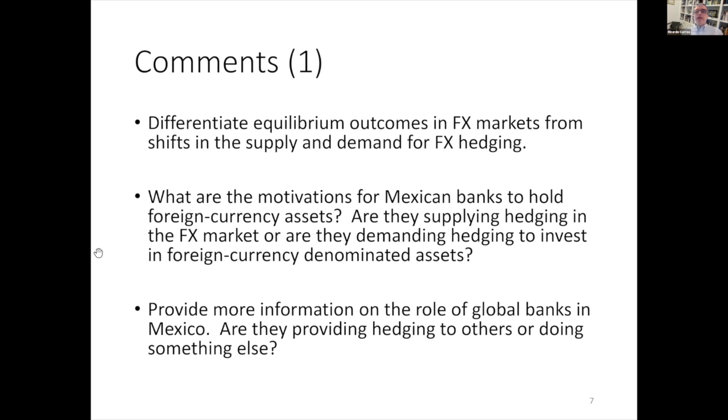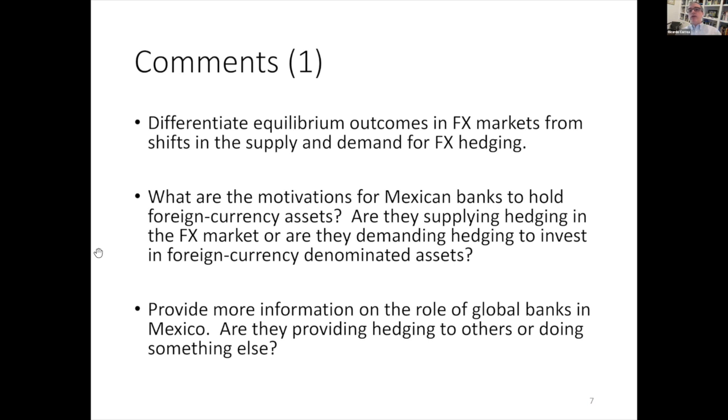Are they on the supply side or are they on the demand side in my chart? Are they actively buying foreign assets for a particular reason? Are they taking risks or something else? Or are they just providing a hedge to other actors in the economy that we're not measuring properly? And that's why we observe that they have high dollar positions, right?